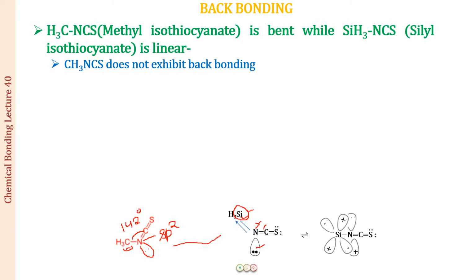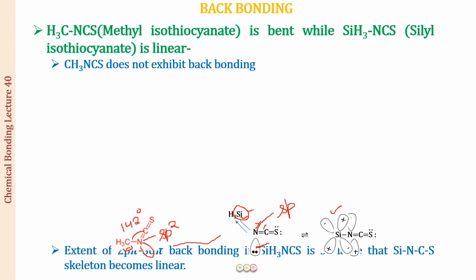So what about the hybridization of this nitrogen now? It is going to make a double bond on both sides, and the lone pair is utilized in that back bonding. The hybridization is now going to be sp, and sp hybridization means a linear structure.